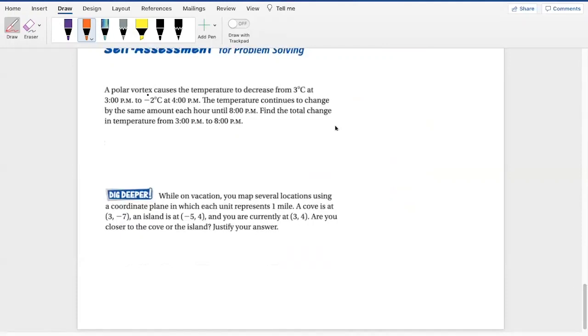All right, the polar vortex, haven't had one of those in a while, causes the temperature to decrease from 3 degrees at 3 p.m. to -2 at 4. And then the temperature continues to change by that same amount until 8 p.m. Find the total change from 3 to 8 p.m. All right, so how can we set this up?